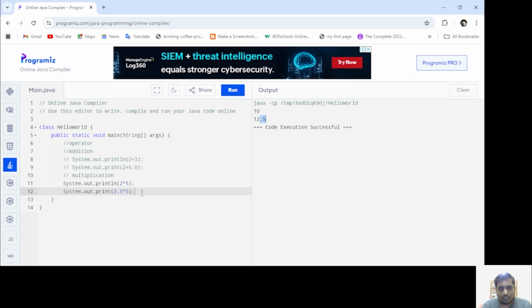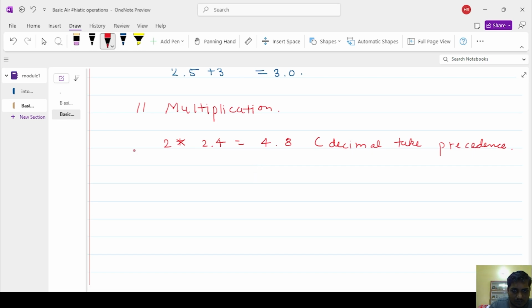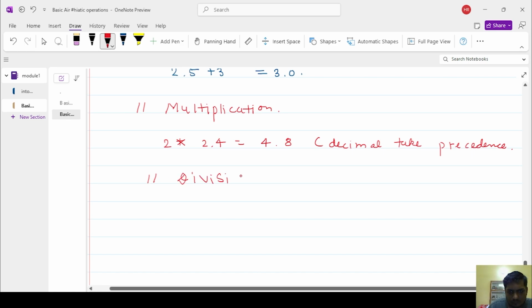Now for the division rule. We perform some operation; the next operation is division.